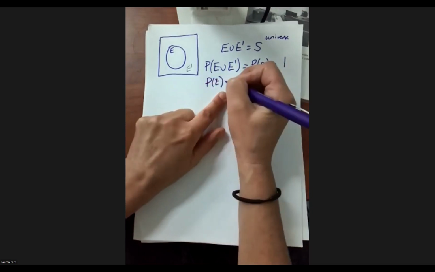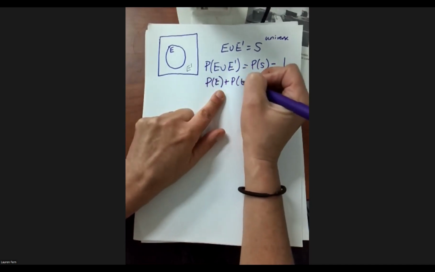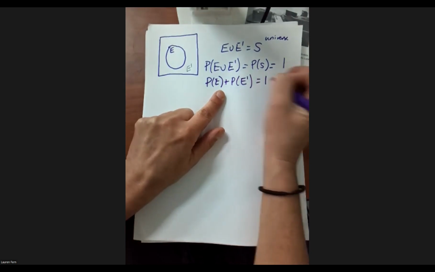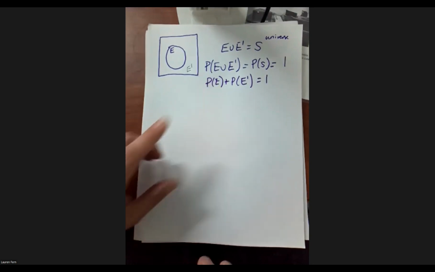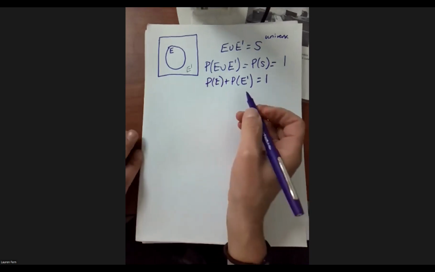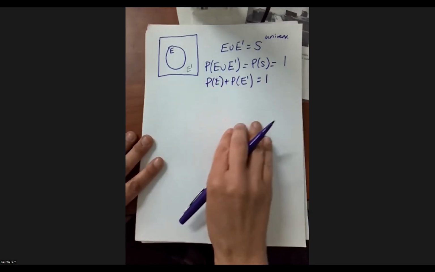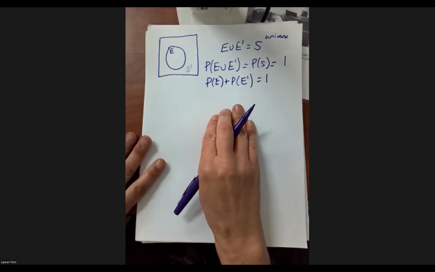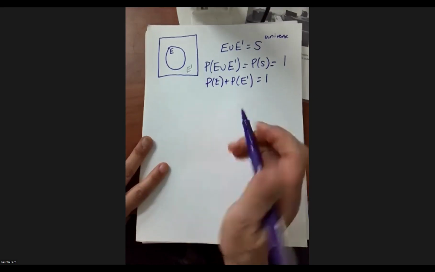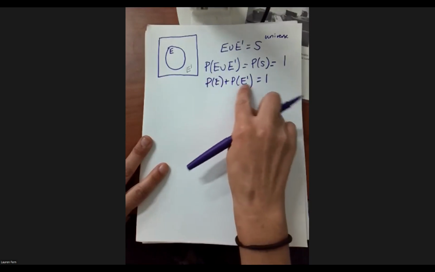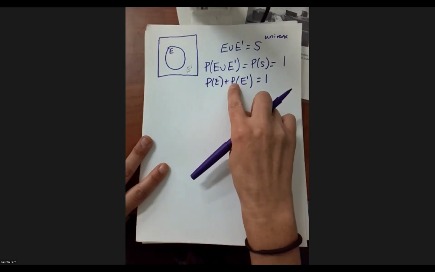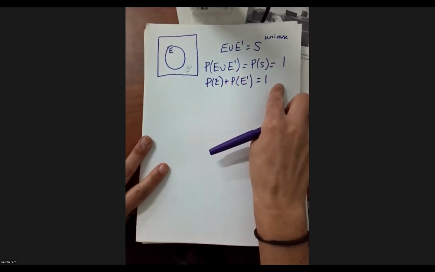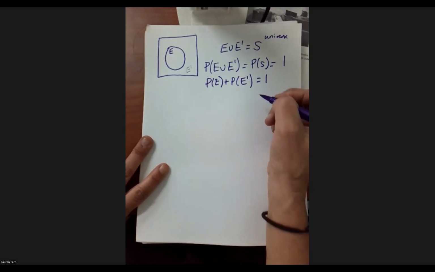So we can say then that the probability of E plus the probability of E complement is 1. Which leads us to say, and we're not going to use this that often, but it is going to be helpful in terms of computations. Do you agree I can move this term to the other side? Because I'm adding it here. How do you move this to the other side? You subtract it from both sides.